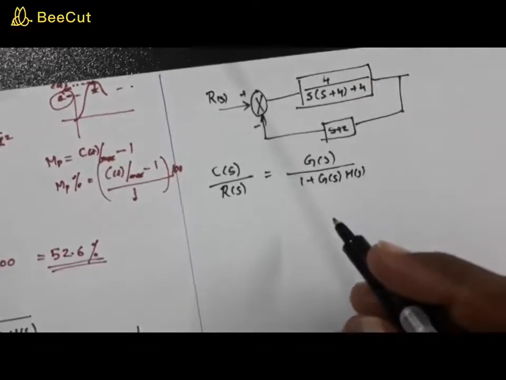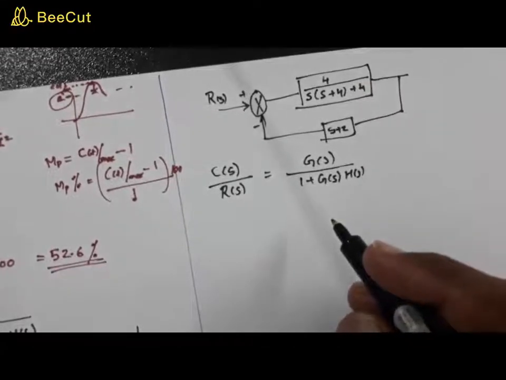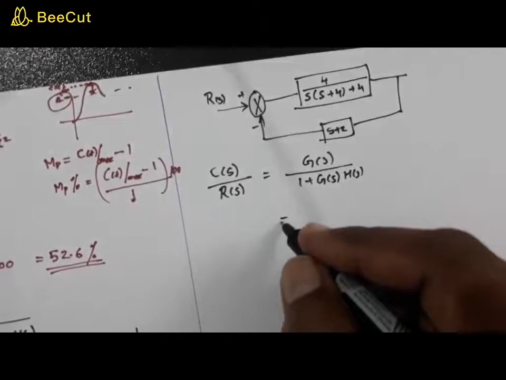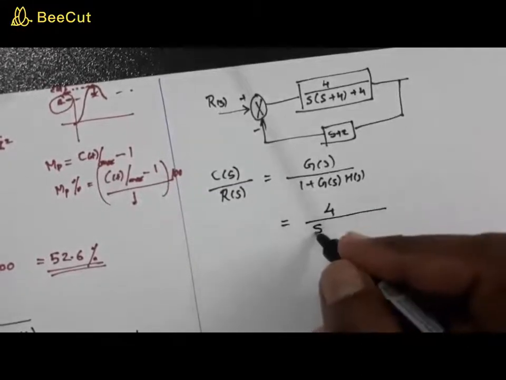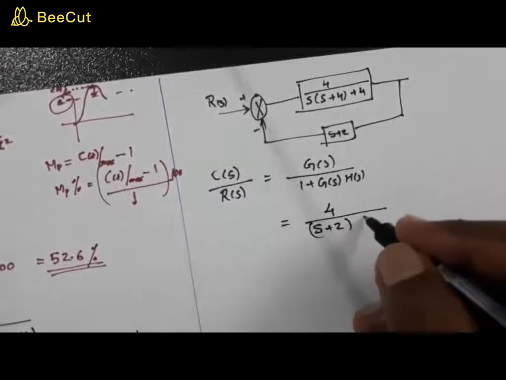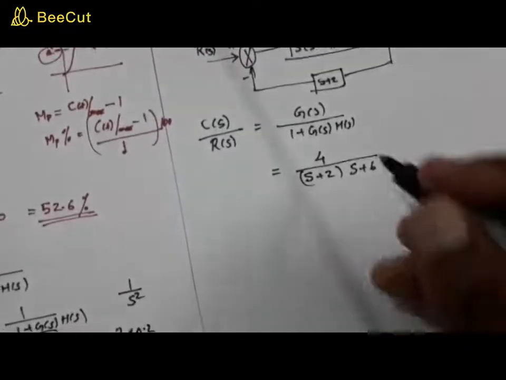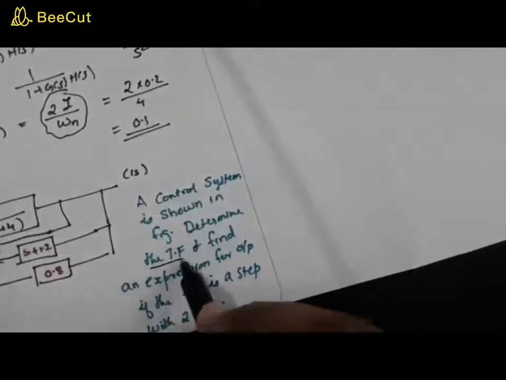After substitution and necessary calculation, you may do that by yourself, it is very simple, you get 4 by s plus 2 into s plus 6. So this is the transfer function, and that's the first part.